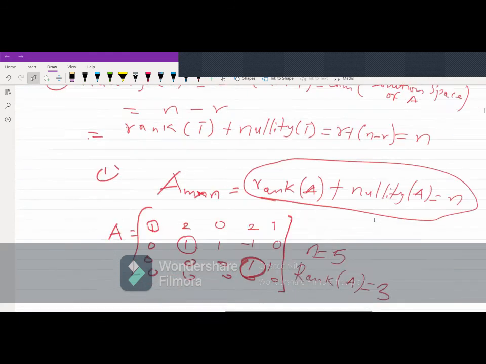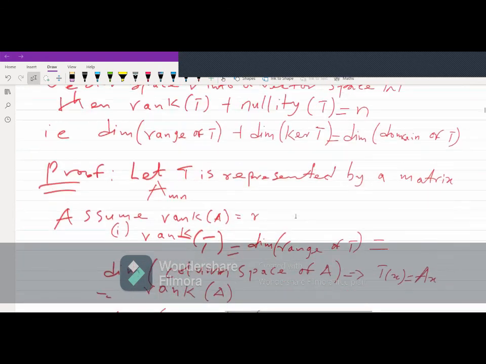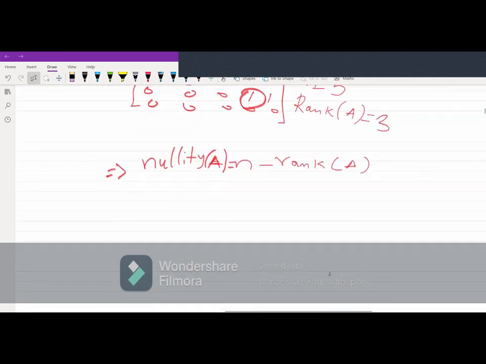So in this case, the dimension, in layman's language, we can call it the column. That's why they explain it here: dim column space of A. Please, let's take note of those definitions. They are very important. So at the end of the day, you have it to be 5 minus 3, which is equal to 2.